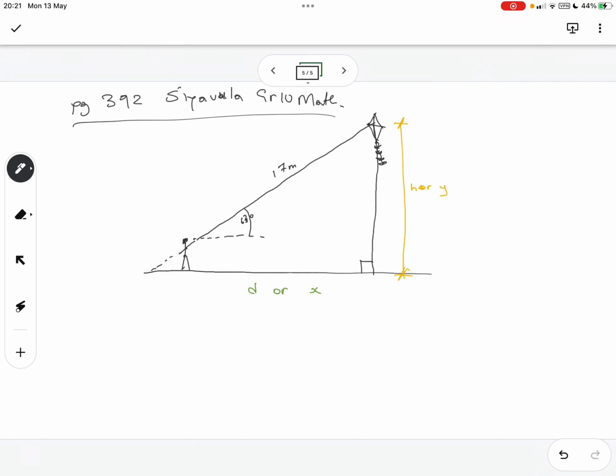Now we must find the height. If we're using trigonometric ratios, which one would you think of to use so that we can solve this problem?